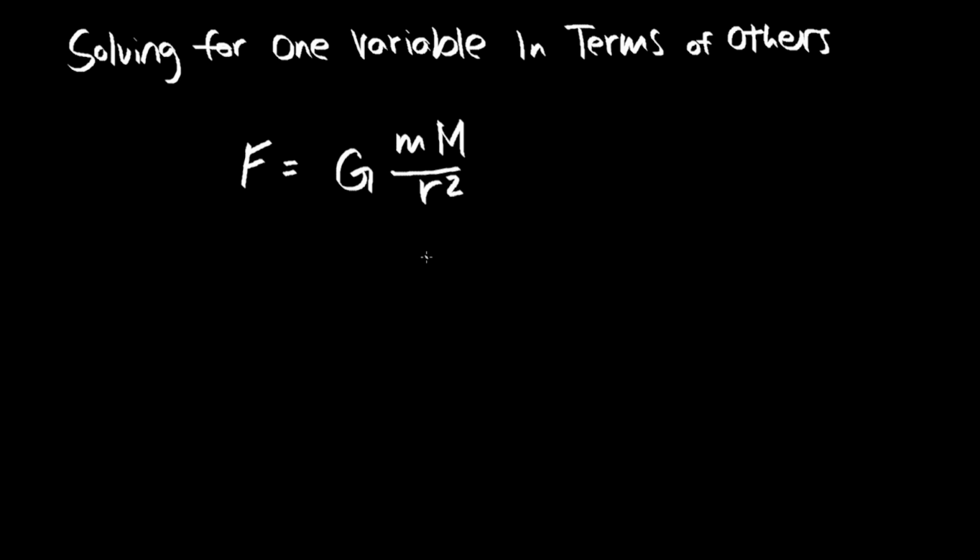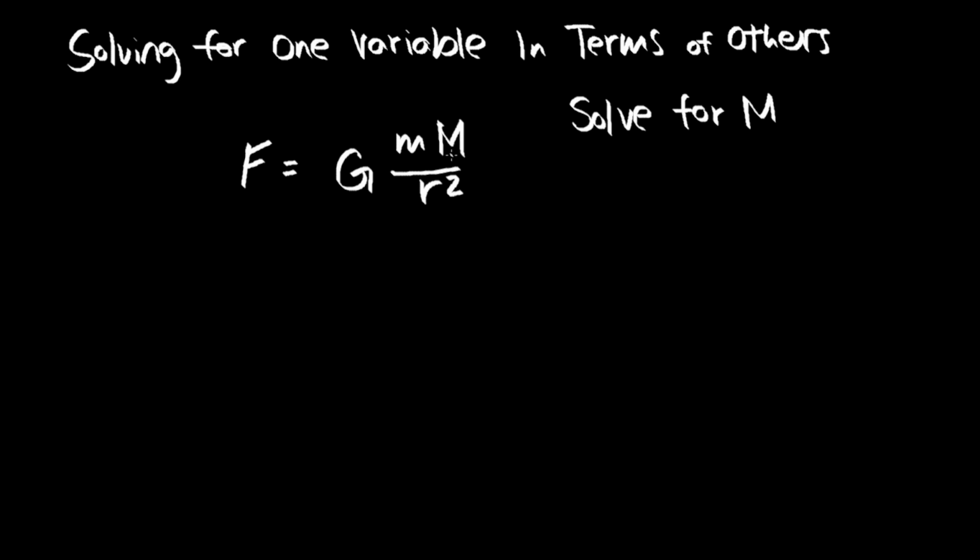So take this equation, and you could do this with any variable here, other than F, obviously, because it's already in terms of F. Let's try to solve for this M. So how do we do that? We're going to do the exact same steps as we've done before.